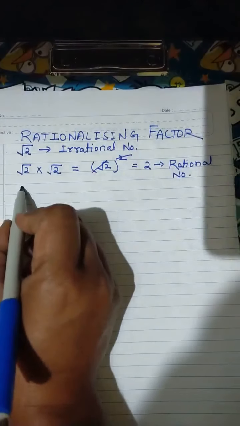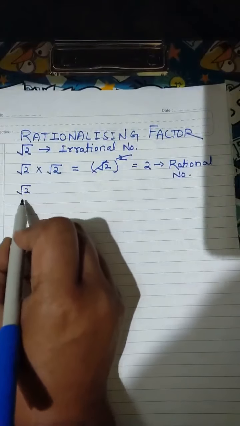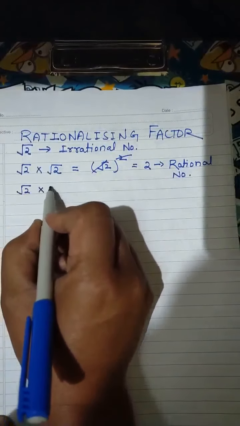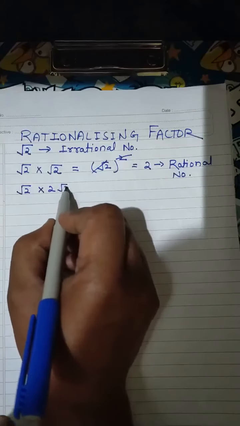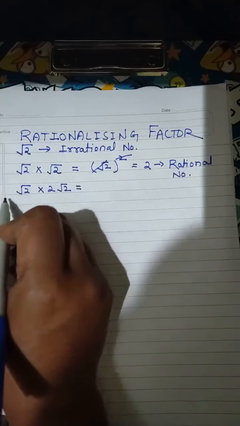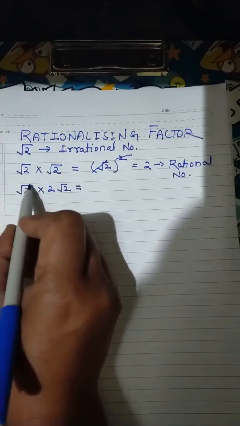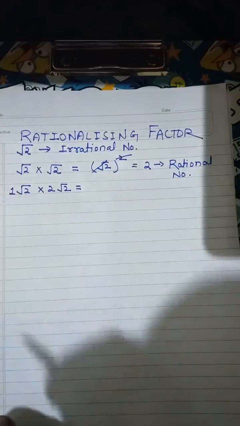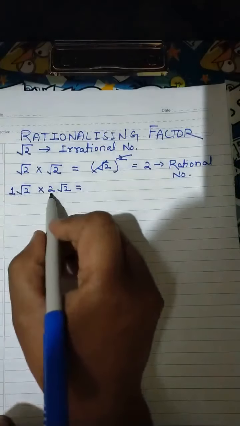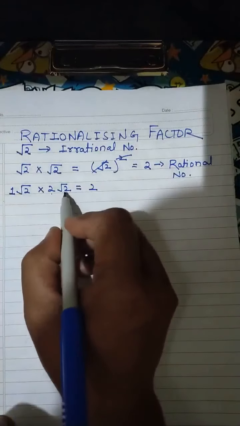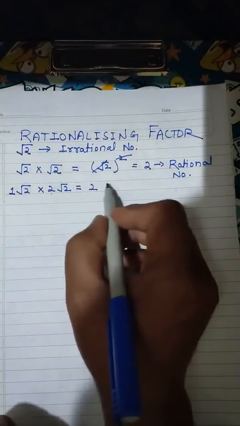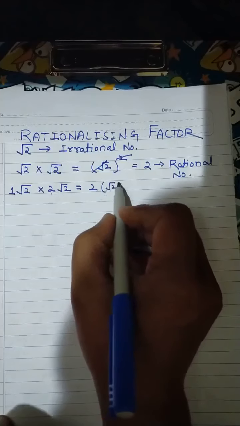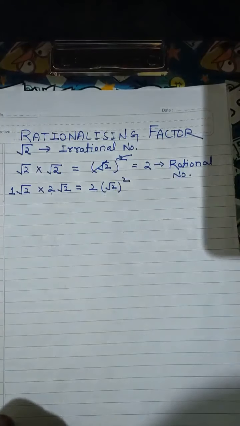Again, if I want to multiply this square root of 2 by 2 square root of 2, if there is no number outside the square root, we take it as 1. 2 ones are 2, square root 2 into square root 2 becomes square root 2 whole square.